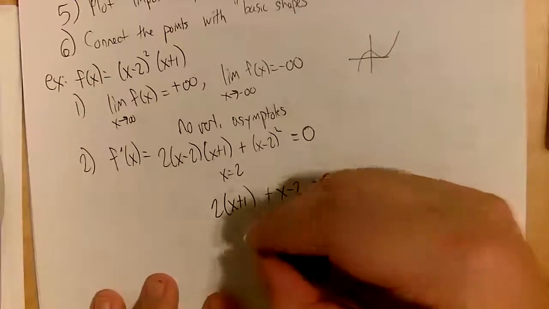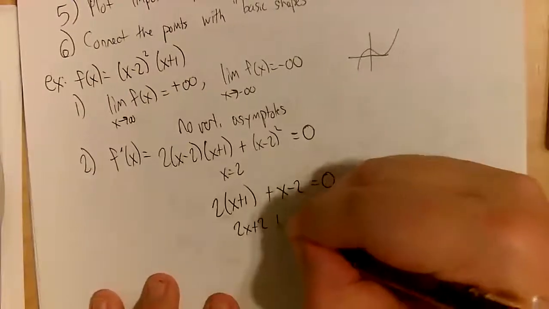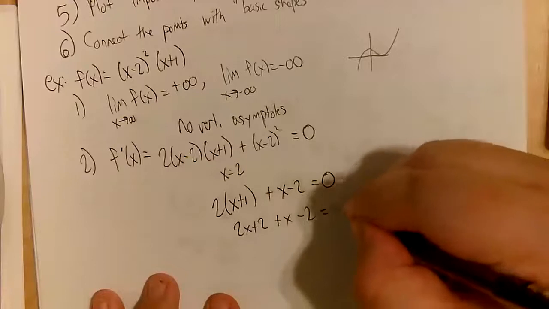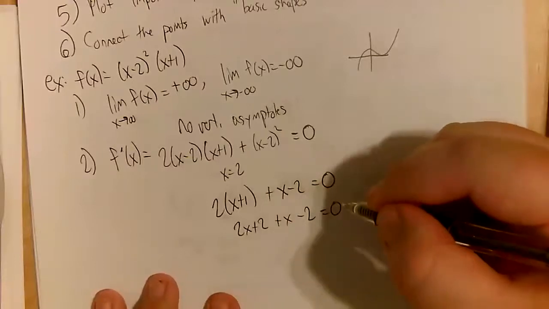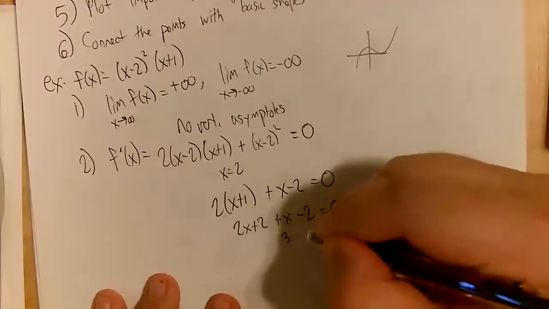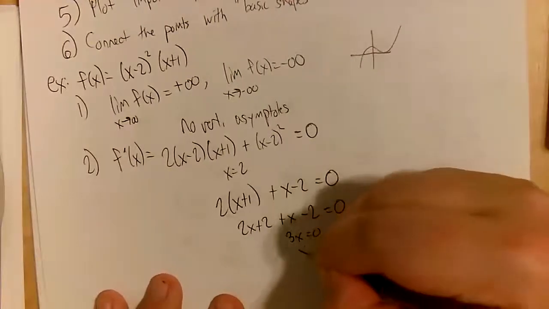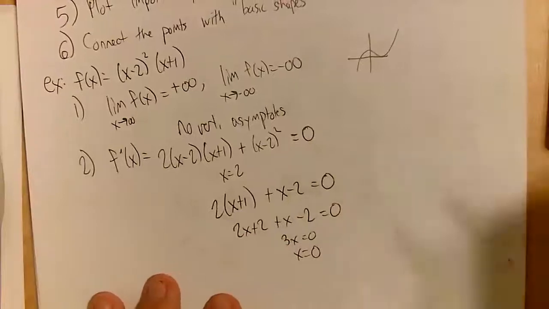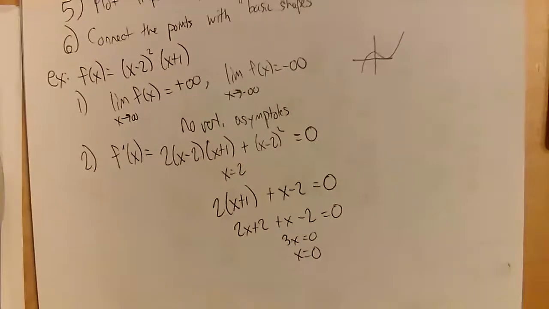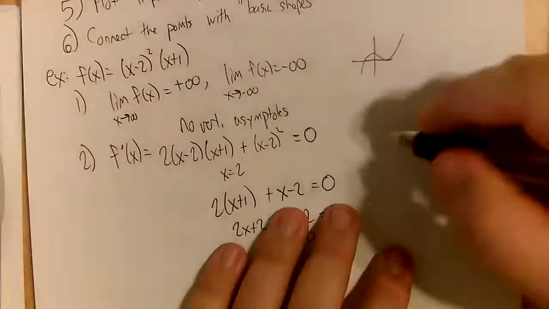All right, so I'm going to distribute here. 2x plus 2 plus x minus 2 is 0. All right, and then that looks to me like we have 3x equals 0, so x is 0. So it seems like our critical points are going to be 0 and 2.